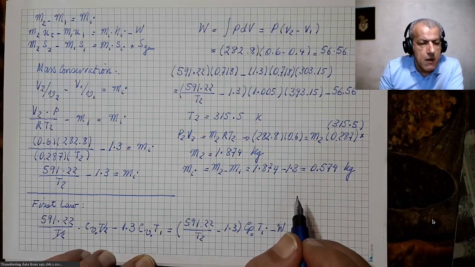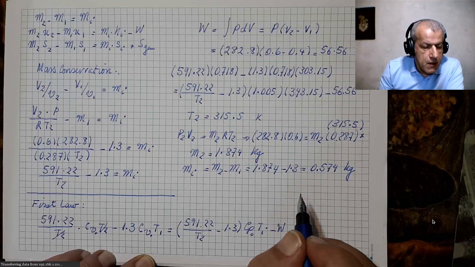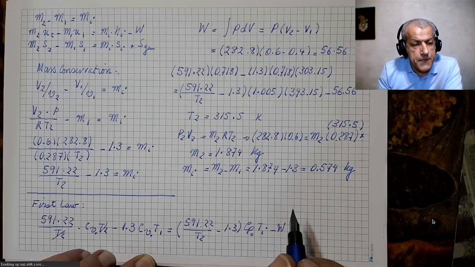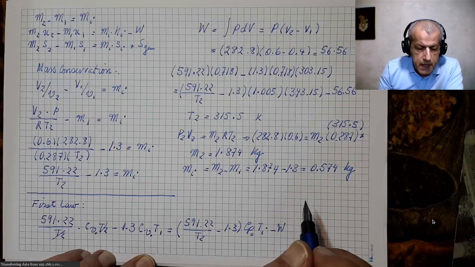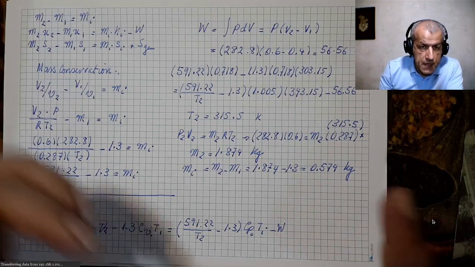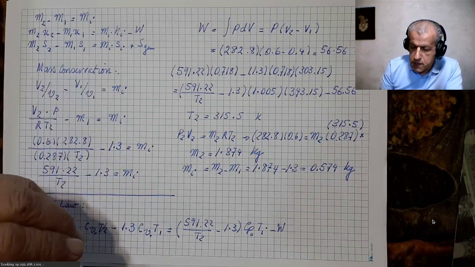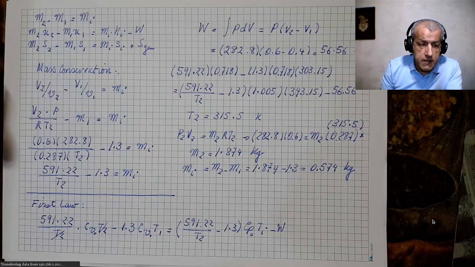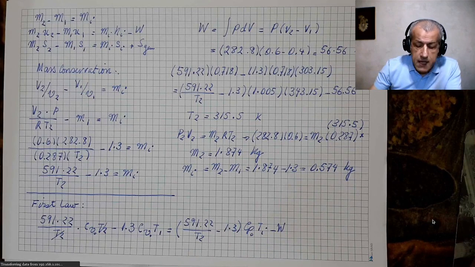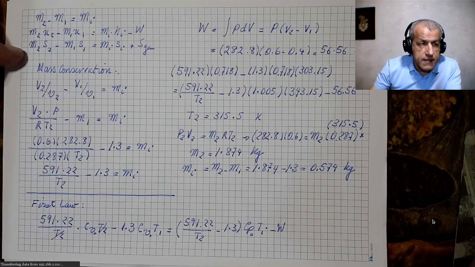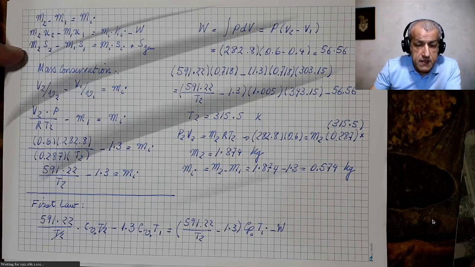And that's our mass that has entered this control volume, and it concludes whatever we could gain from the first law and the mass conservation law. Our next step should be to go to the second law, this equation, and see what we can gain from that. This is very interesting, and we shall see that shortly.